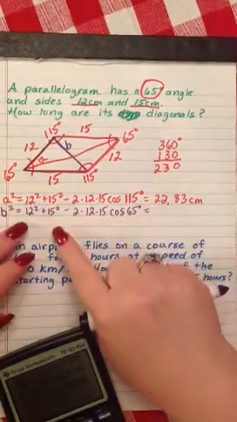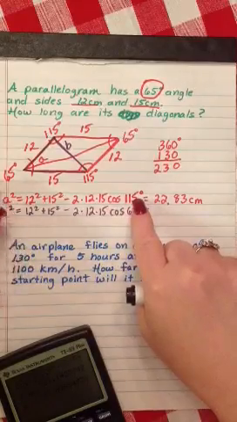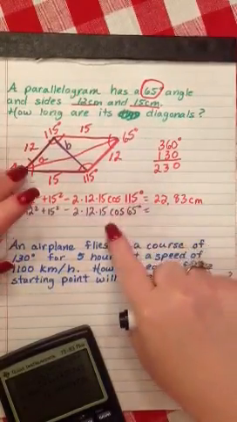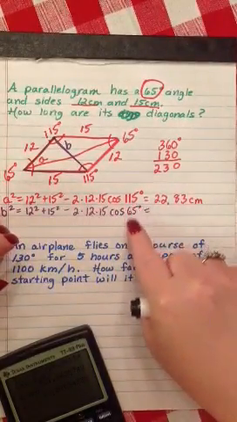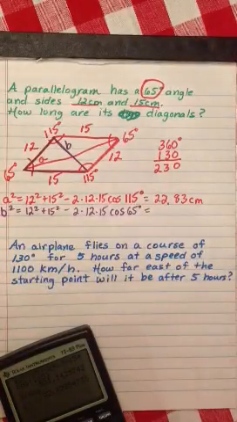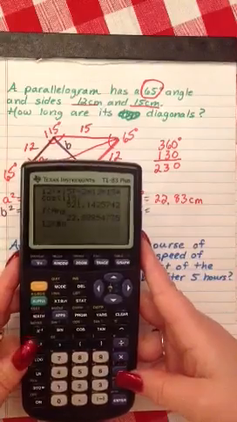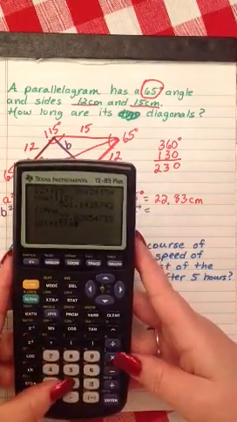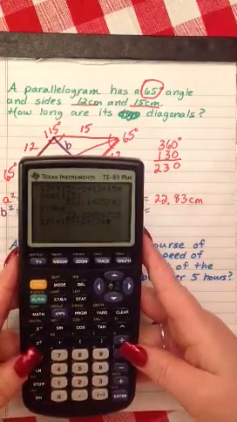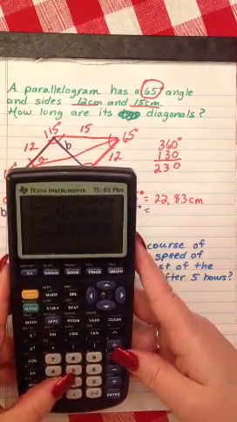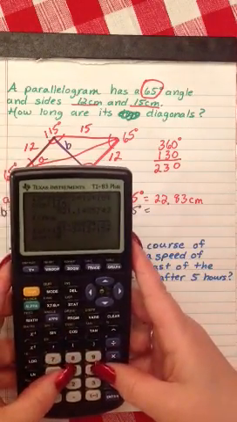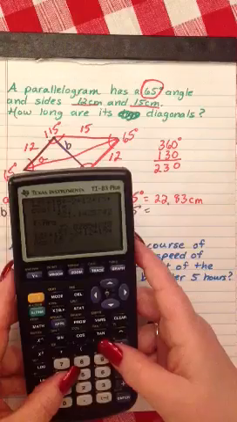Now, if you notice, it looks identical to what I just typed, except for the angle is different. So instead of cosine of 115, I have cosine of 65. So I am just going to type that in. So I have 12 squared plus 15 squared minus 2 times 12 times 15 times the cosine of 65 degrees.